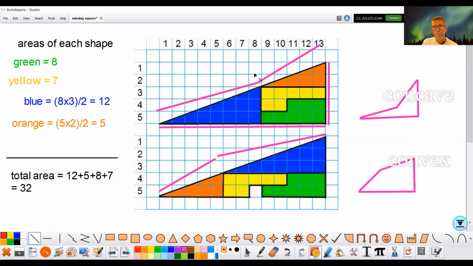This one got pushed inward, concave, and filled in the hole. This one's outward, we call that convex. And thus, there is really no problem. There's a missing square because this one is pushed outward. These were never big triangles to start with. And that is the reason there's a missing square. Hope you enjoyed the video. Thank you.